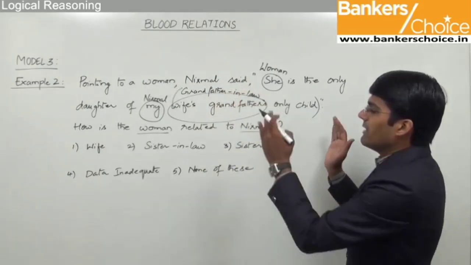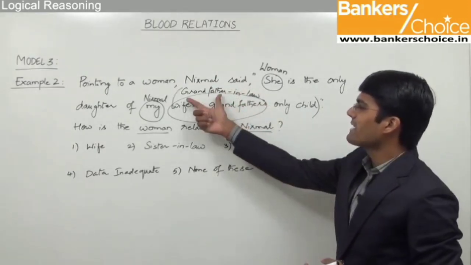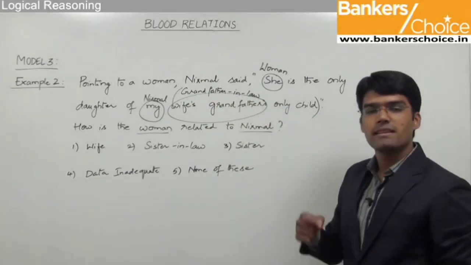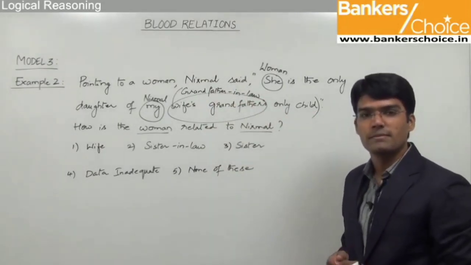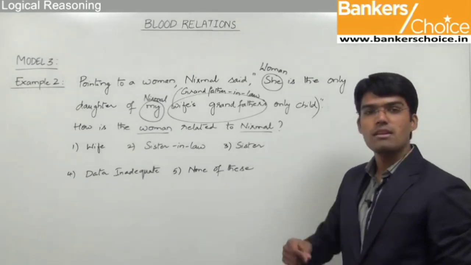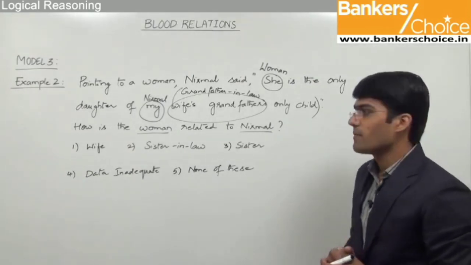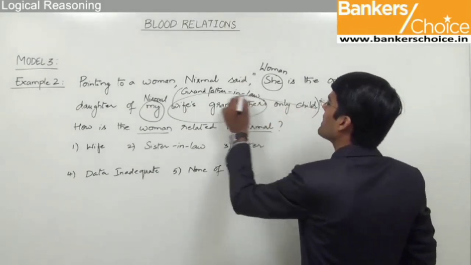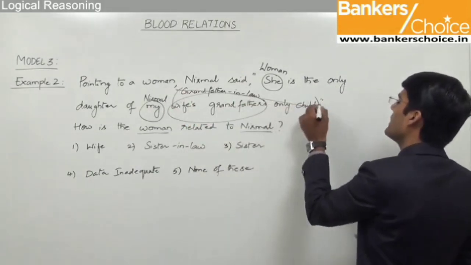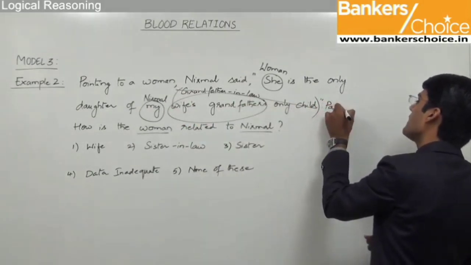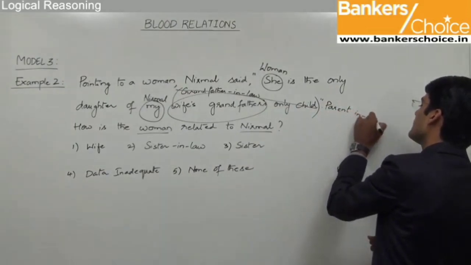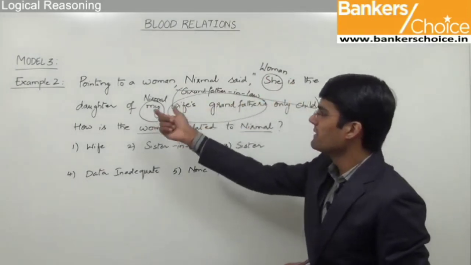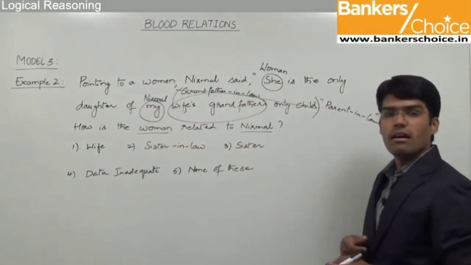Now, if you look at this part of the statement, that is grandfather-in-law's only child, it means your grandfather-in-law has got only one child, and that child has to be your parent-in-law. So very clearly, grandfather-in-law's only child is nothing but the parent-in-law. So this statement can now be replaced with parent-in-law. So now the statement becomes, the woman is the only daughter of Nirmal's parent-in-law.